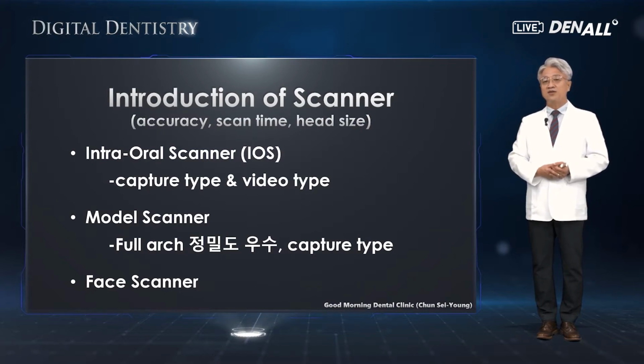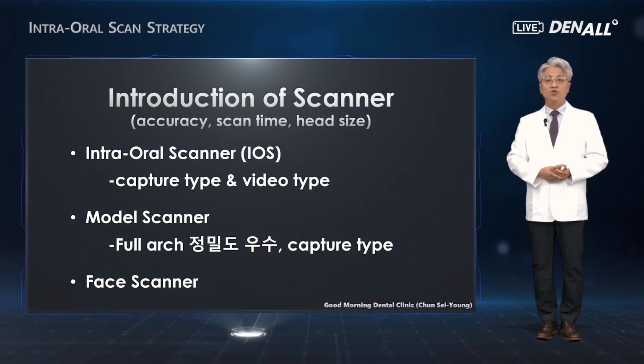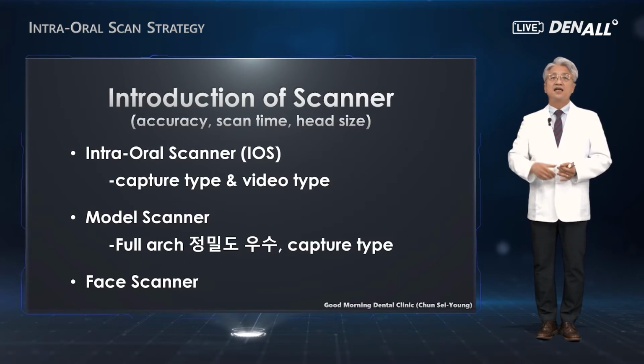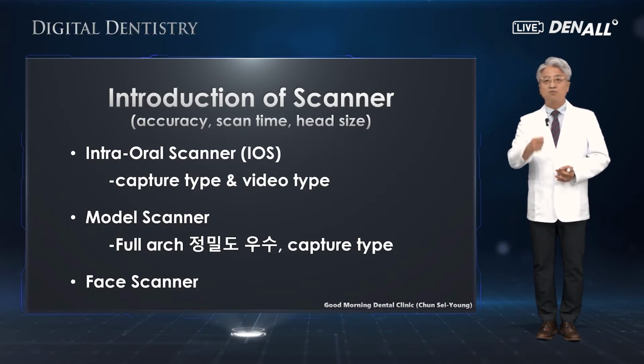The intraoral scanner is more precise when you use the video type, but the model scanner is a capture type, and it is helpful in terms of time. But there's one disadvantage. The rubber impression should be prepared, and the stone model should be prepared for a patient. That is the limitation with the model scanner.